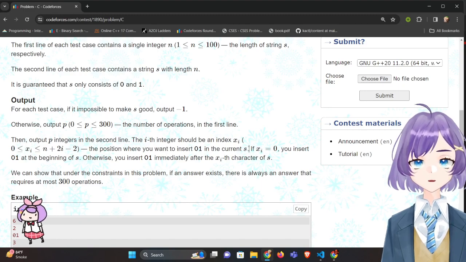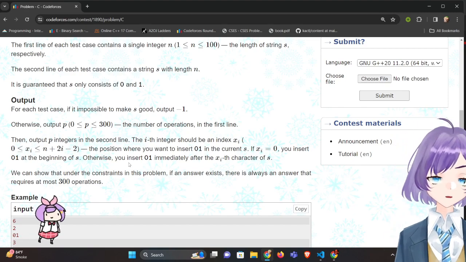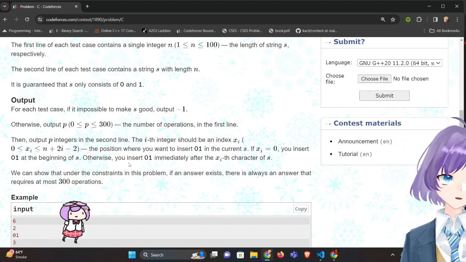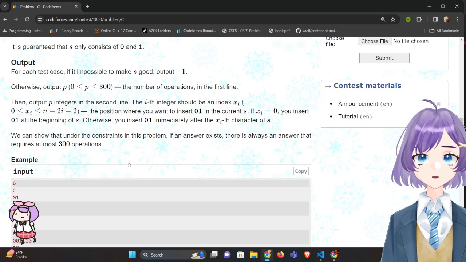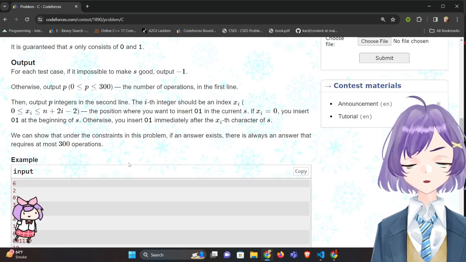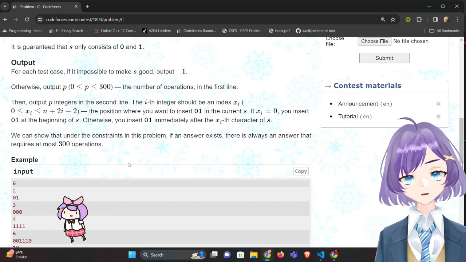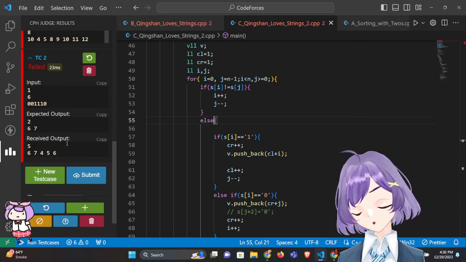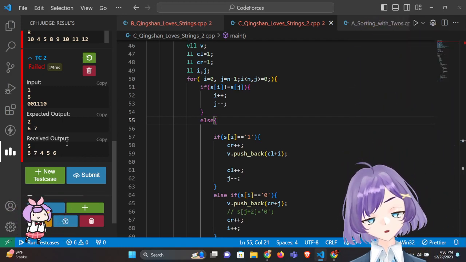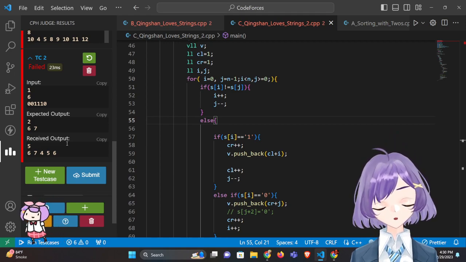If x of I is equals to 0, you insert 0, 1 at the beginning of S. So once you insert the beginning, I always will have 1.